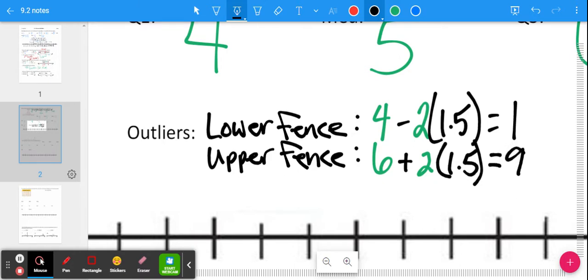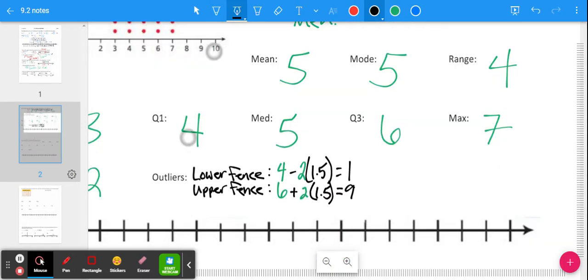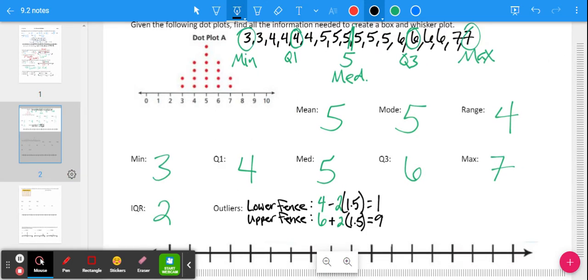So to determine if there's any outliers, we have to ask, are there any numbers lower than the lower fence in that set of data? Our lower fence is 1. There is no number less than 1 in our set of data. And then we have to find out, is there any number higher than our upper fence? Our upper fence is 9. There's no numbers higher than 9, so there are no outliers for this set of data.